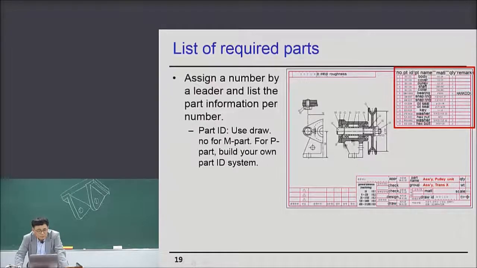So this is for P part, build your own part ID system, okay? So bearing, snap ring, oil cell, key, and washer, hexagonal nut, washer, hexagonal bolt. Those P part, purchase part, since there is no part drawing, so no drawing number.